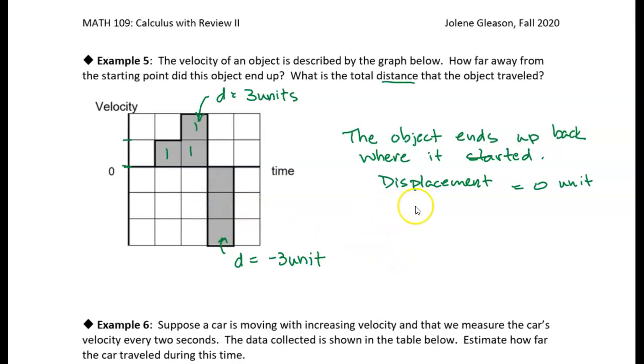You don't want to get credit for 0 displacement. You want to know what your distance is. So the distance that you traveled is actually 6 units. Okay, so your distance is 6 units. That's how far you traveled, but your displacement is 0 because you ended up back where you started.